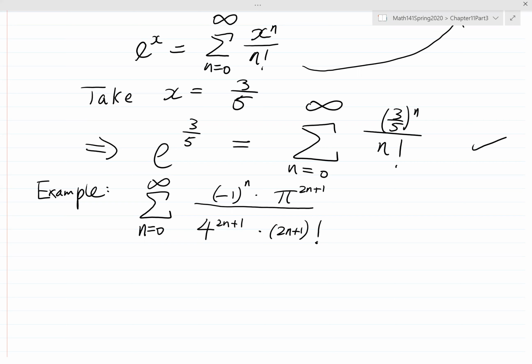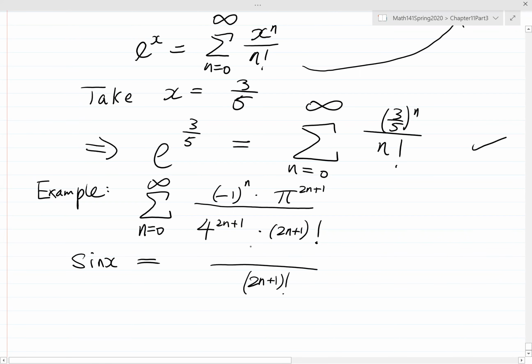If you look at the Maclaurin series that we did above, for the odd terms, we use sine x. The Maclaurin series for sine x, cosine x, e to the x, ln 1 plus x, arctan x, this is the most fundamental thing that you should remember. If you don't remember, you can easily derive it in a really short time. So you should put it in your memory. It's not that hard to remember because there is a lot of symmetry.